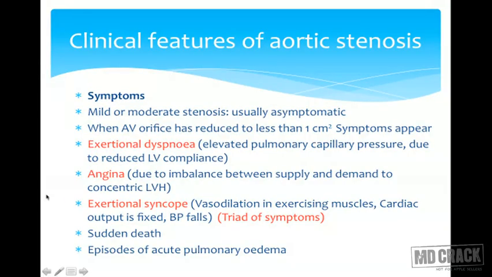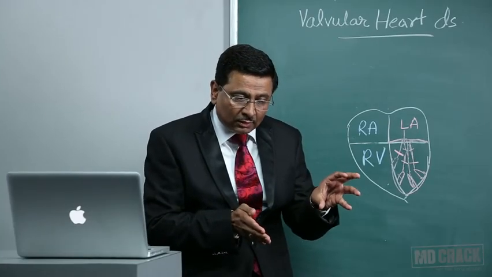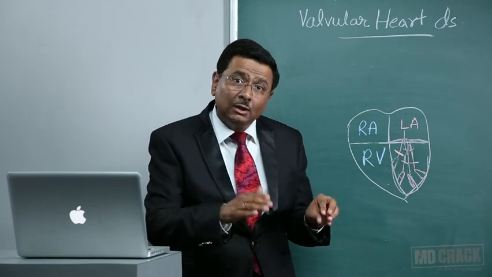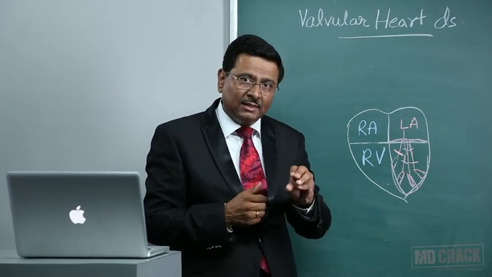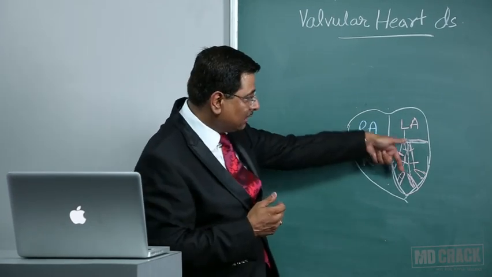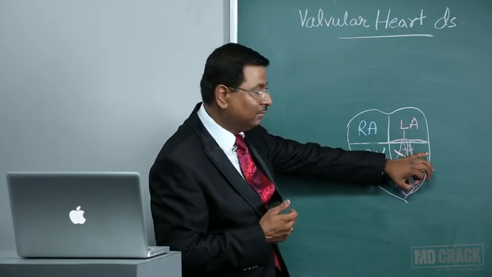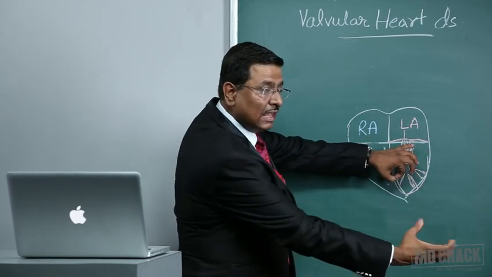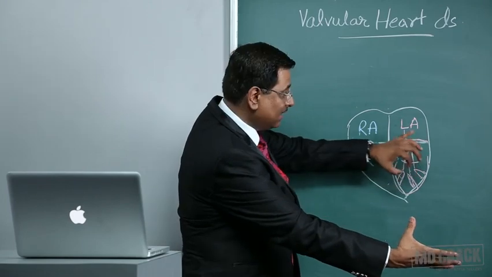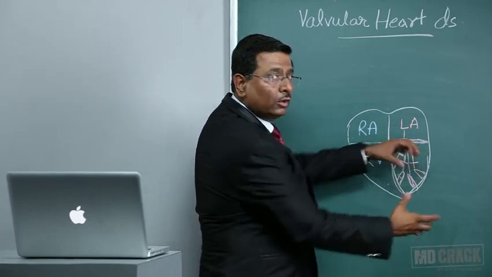There could be exertional syncope. What do you mean by this word? Whenever the patient does exertion or does some work, the muscles are acting, because of which there is vasodilatation in the muscles, and there is not that corresponding vasoconstriction in the non-exercising muscle. You can understand the cardiac output is fixed because of aortic stenosis. So there is vasodilatation in the exercising muscle, and simultaneously the cardiac output cannot increase.